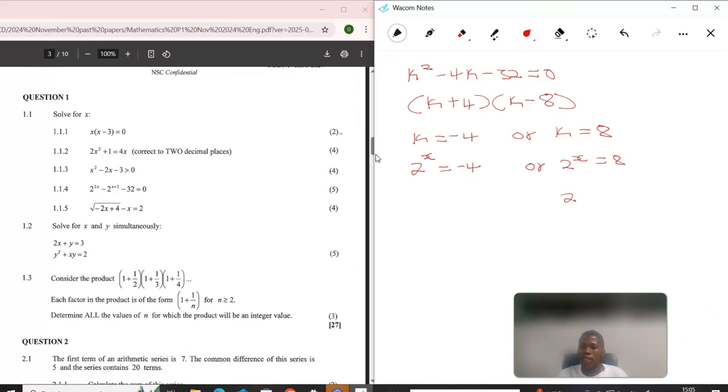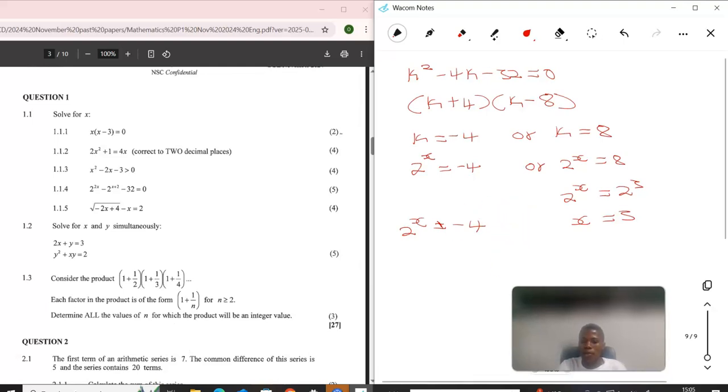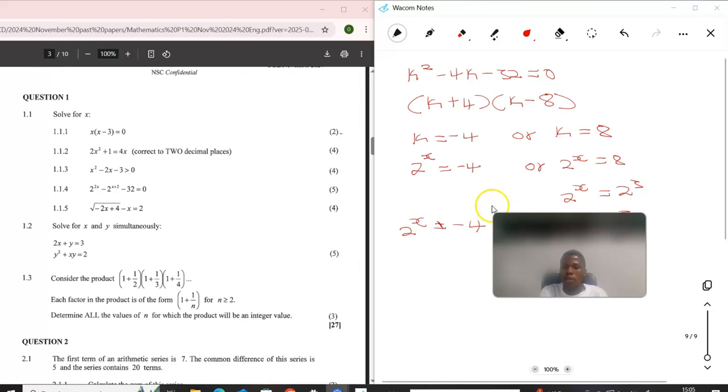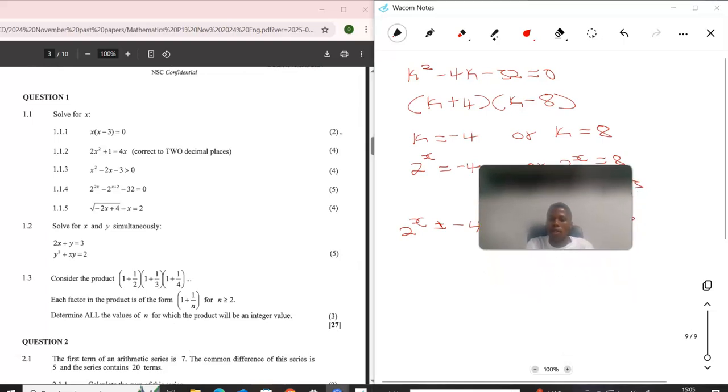And you know that 8 can be written as 2 exponent 3. Therefore it means your x is equal to 3. But 2 exponent x wouldn't be equal to -4, since 2 exponent x is always positive. Okay, let's continue and do the other one.